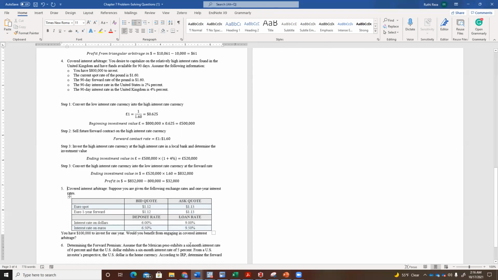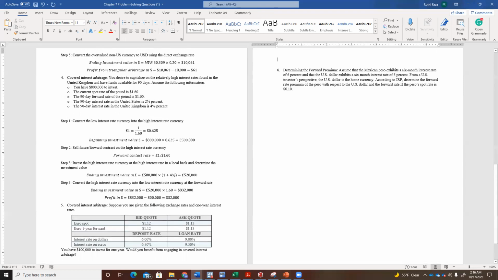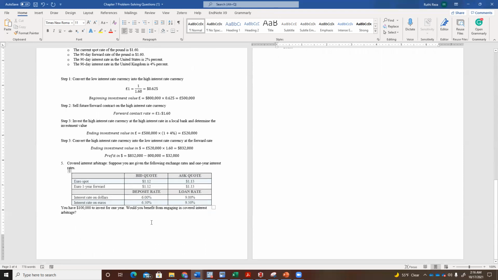Now in our next problem, we are going to consider the bid and ask spread. Okay. Now, in this case, you can see the interest rate in the United States is 6%, whereas the interest rate in Europe is 6.50%.